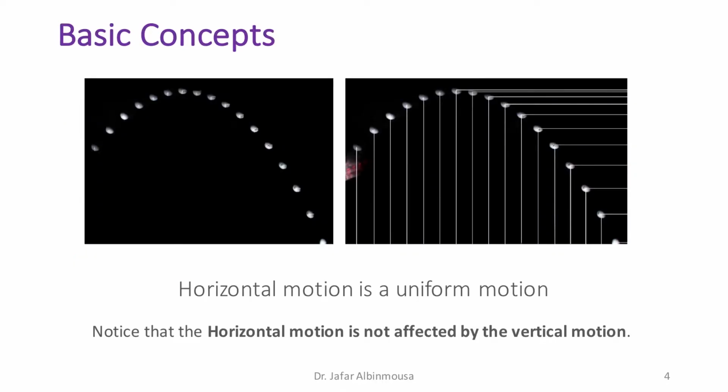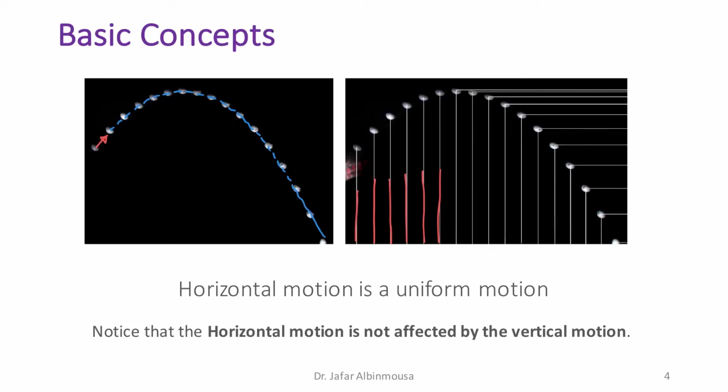Now, here is a simple experiment that explains a very important basic concept for a projectile. What we see over here is a ball which was given an initial velocity, and then the ball was moving as a projectile. That's the path as we described. Now, if we record this motion and then construct the vertical and horizontal lines, we will observe something very important.